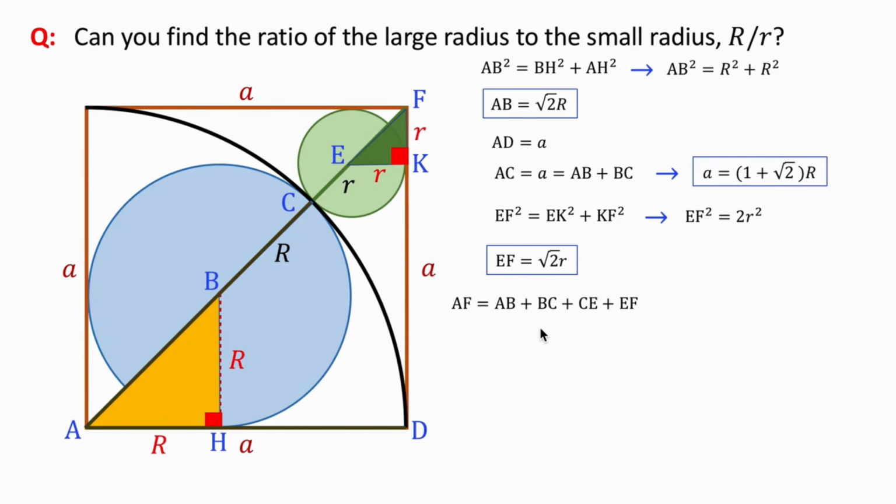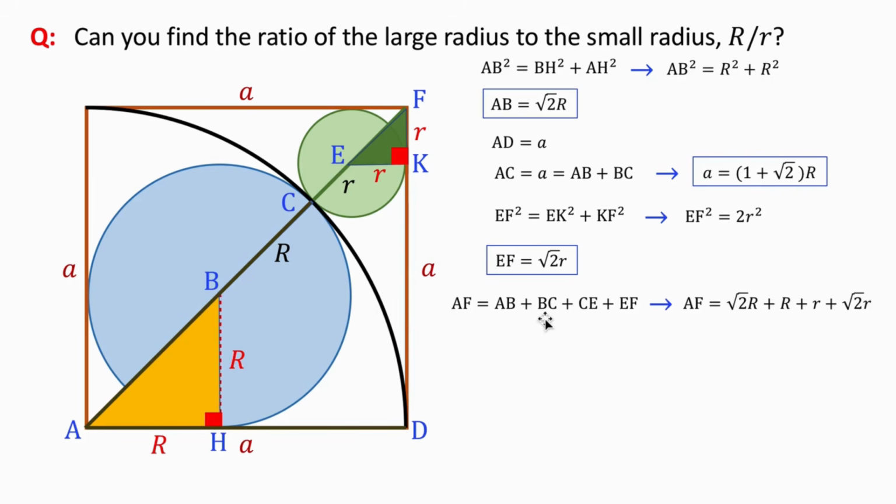Now we are going to find AF in terms of the radius of the large circle and the radius of the small circle. AF is equal to AB plus BC plus CE plus EF. We already found AB and EF in terms of the lengths of the circle radii.